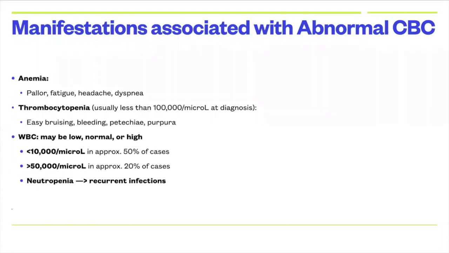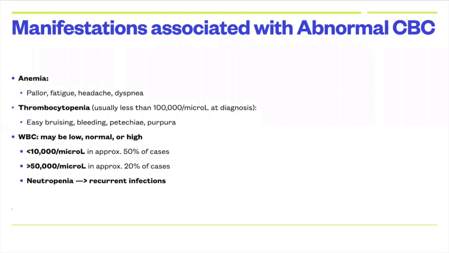So, manifestations associated with abnormal CBC, like I said, this is the staple of diagnosis, right? We know we're going to have anemia, we know we're going to have thrombocytopenia, and we know we're going to have altered white blood cells because the bone marrow is not functioning properly. Patients who present with anemia are going to manifest pallor, fatigue, headache, dyspnea.